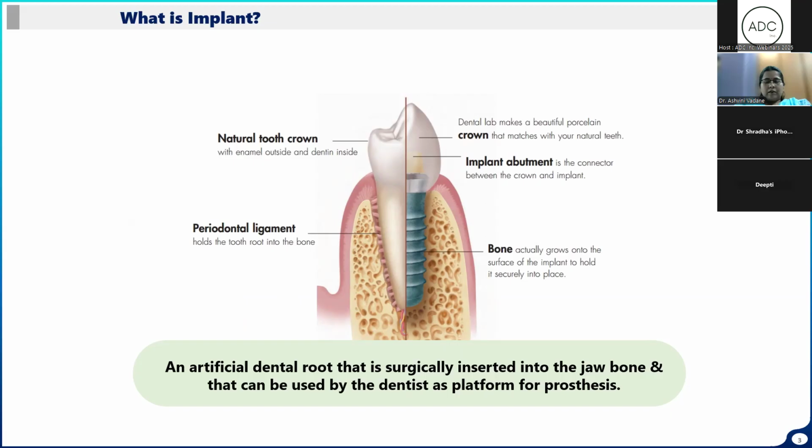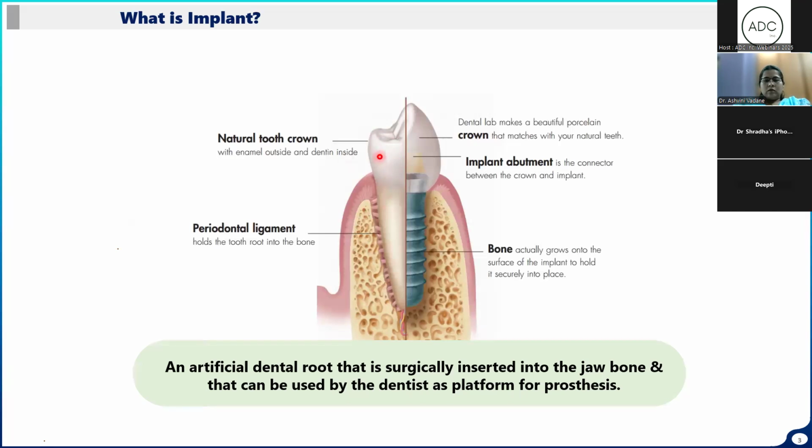On the left hand side, we can see the natural tooth crown, which consists of enamel, dentin, and pulp, as we all know.